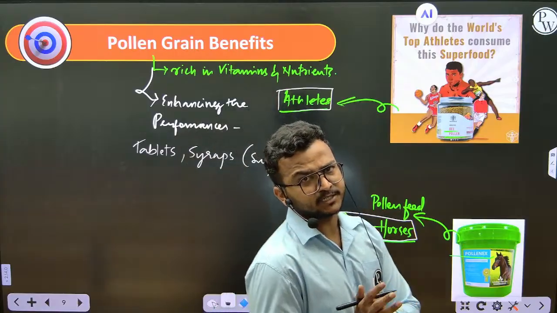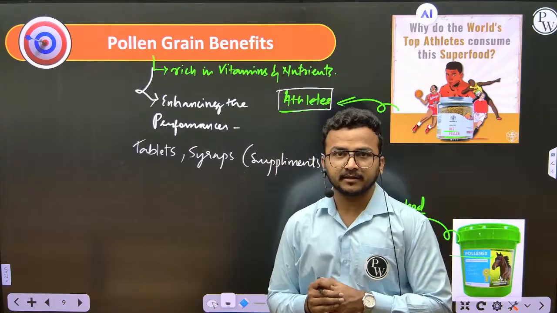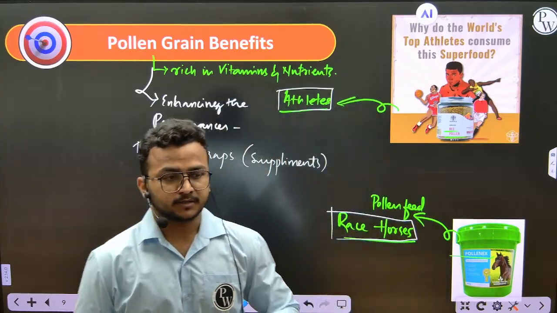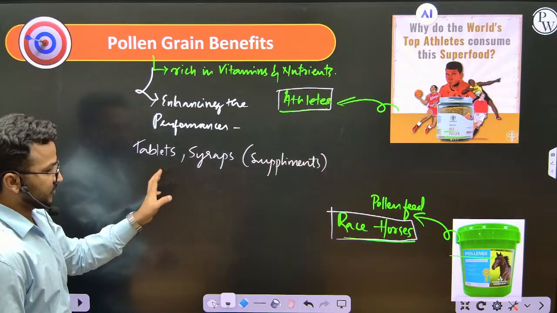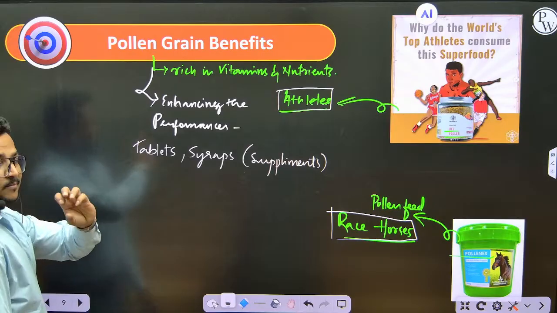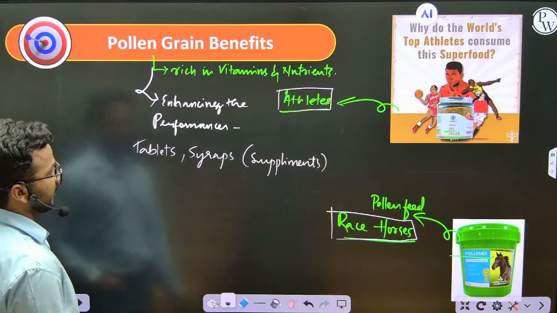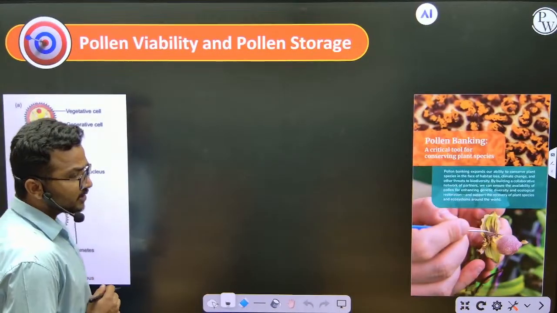They are rich in vitamins and nutrients, so they can be used for race horses and athletes, in the form of tablets and syrups. You can see in the NCERT lines they have given some tablet images. Next is pollen viability.